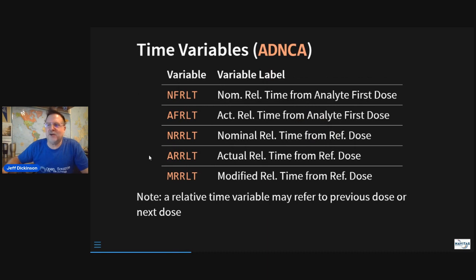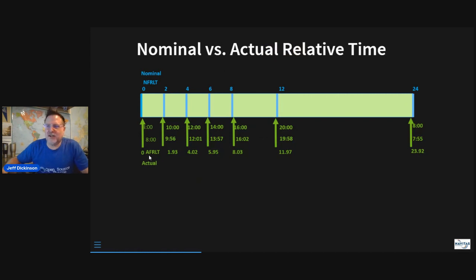So here are some time variables for ADNCA: the nominal time from first dose, the actual time from first dose, the nominal time from the reference dose, and the actual time from the reference dose. Here's just a quick look at the difference between nominal and actual time.